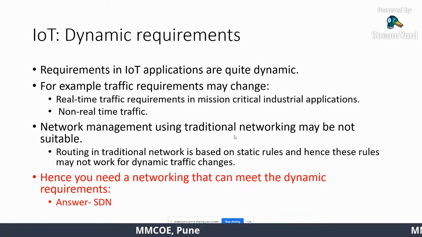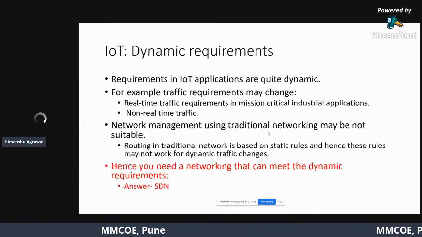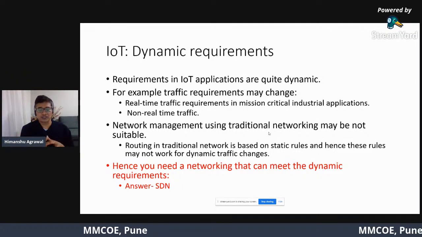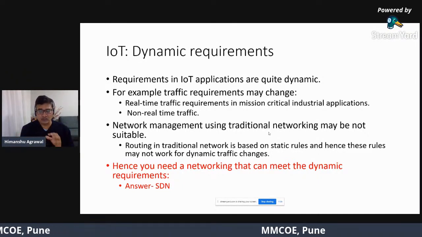non-real time traffic, the other IoT applications not having any latency-sensitive requirements. So the thing is, the traditional network is not suitable here. It's quite important to understand here, because routing in the traditional network is based on writing static rules, as I said, right?